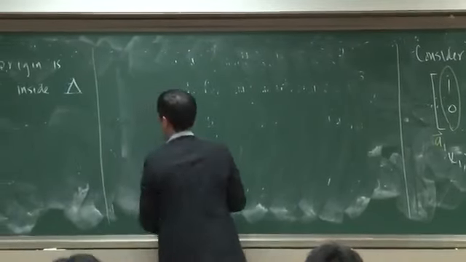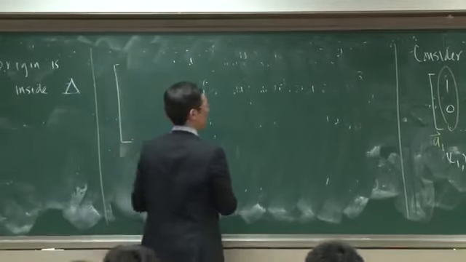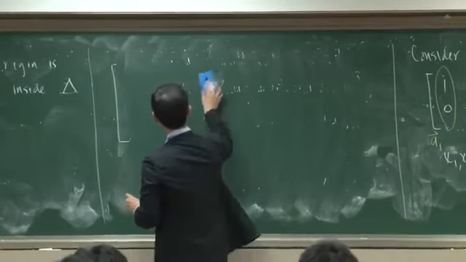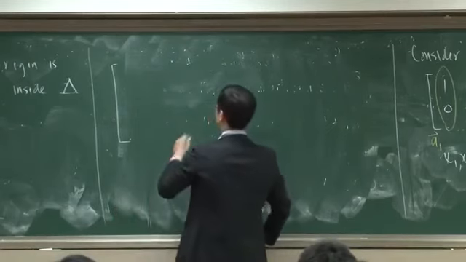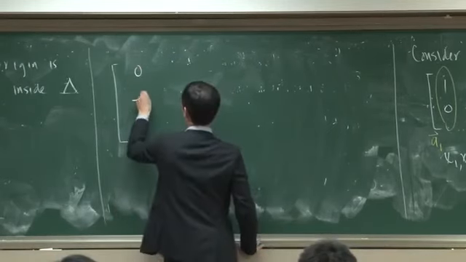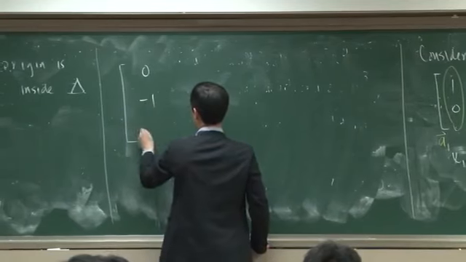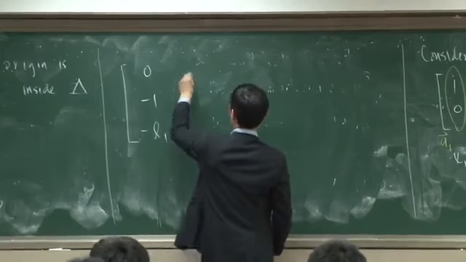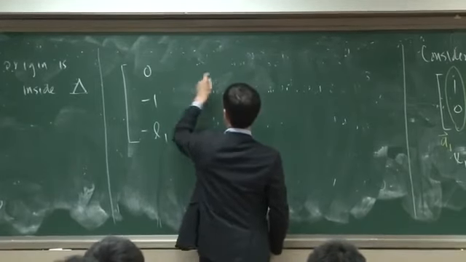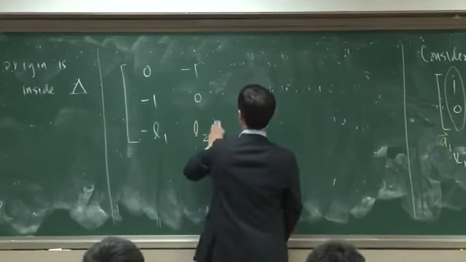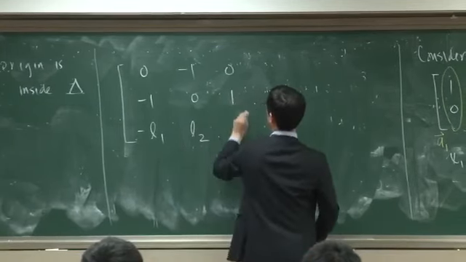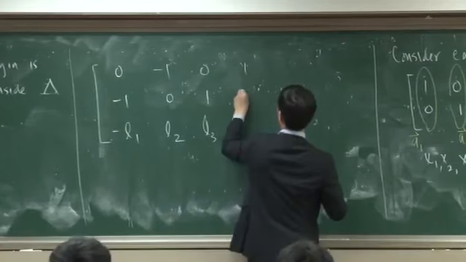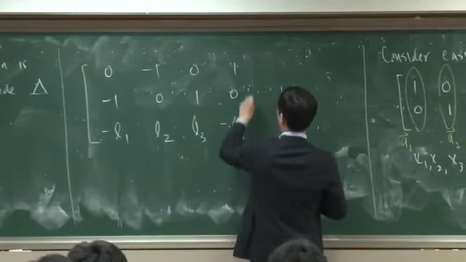Okay, so we'll wrap up here now. So our original A, gosh, I wish I had not erased that. 0, minus 1, minus L1, right? And this was minus 1, 0, L2, so 0, 1, L3, and then 1, 0, minus L4.